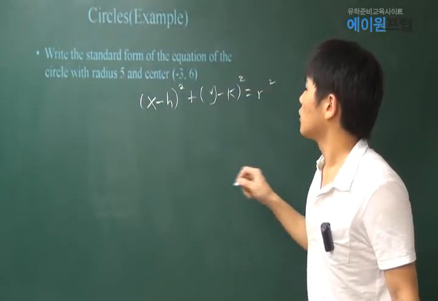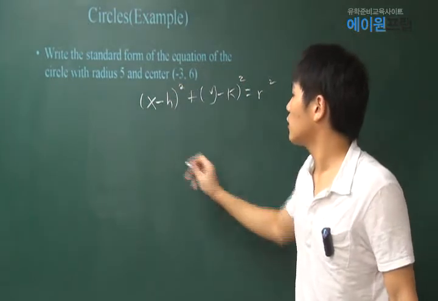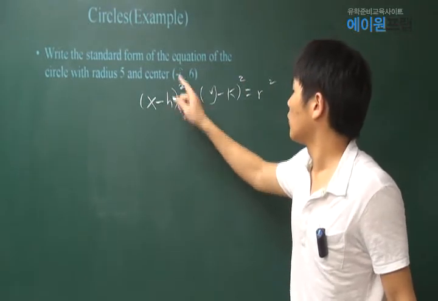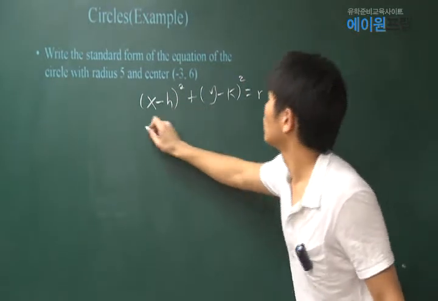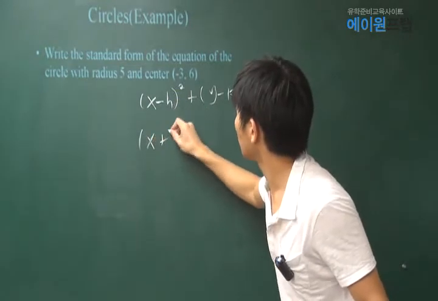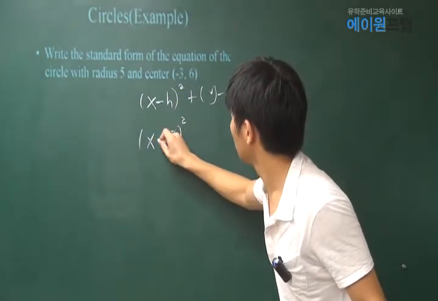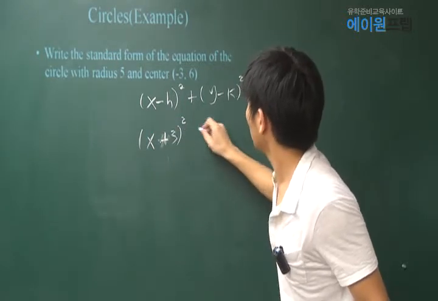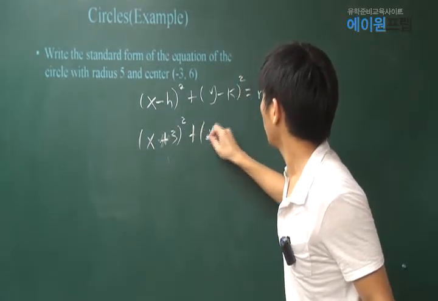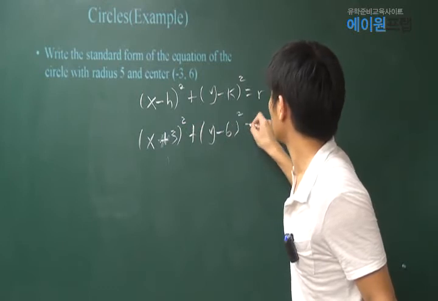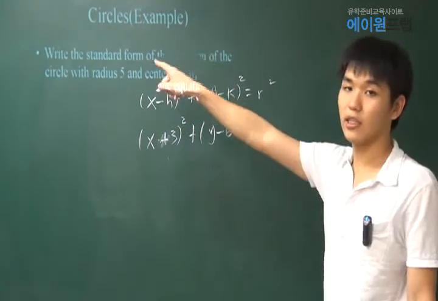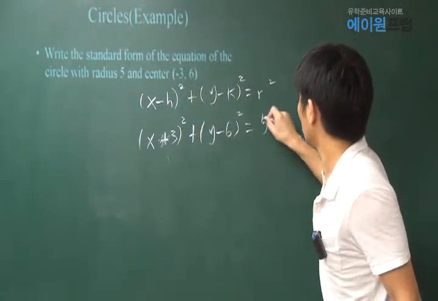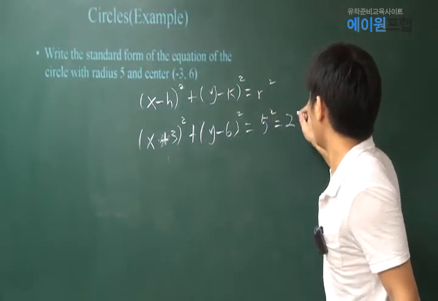The center is at -3 and 6, so -3 we input in h, so that will make it x plus 3 squared, plus y minus 6 squared equals r, which in this case is 5. So it'll be 5 squared, or equivalent to 25.